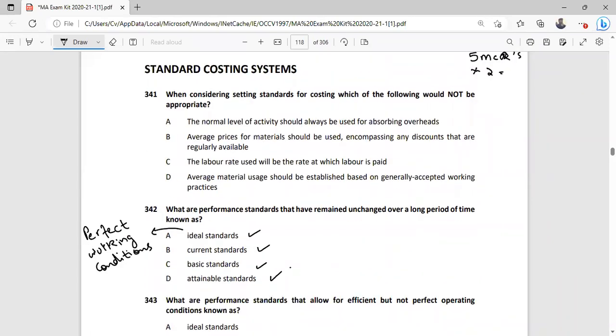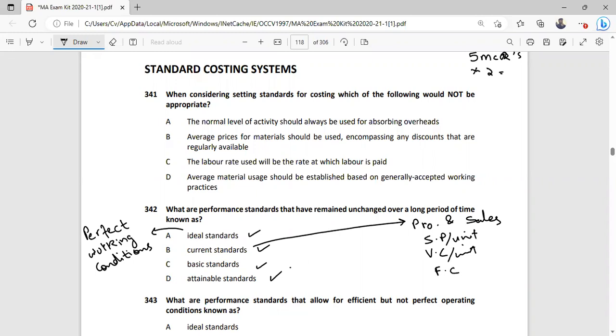The other one is current standards. Current standards are basically relevant with the production and sales units. It determines what would be the selling price per unit. It calculates variable cost per unit, and it also incorporates fixed costs. So these are the current standards.